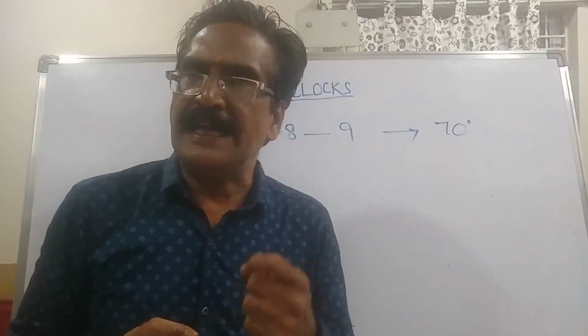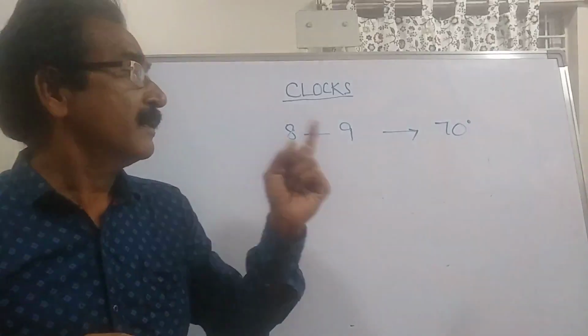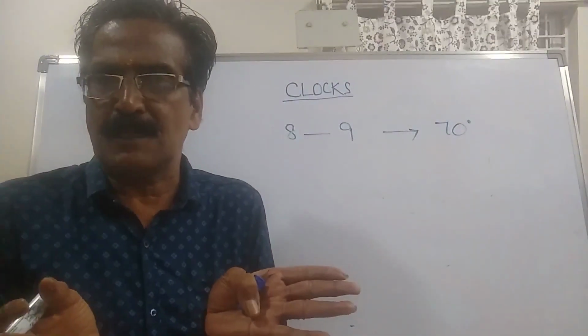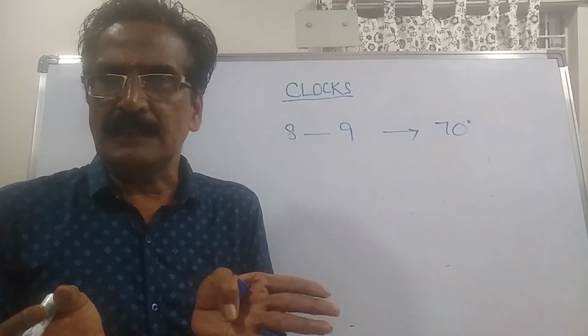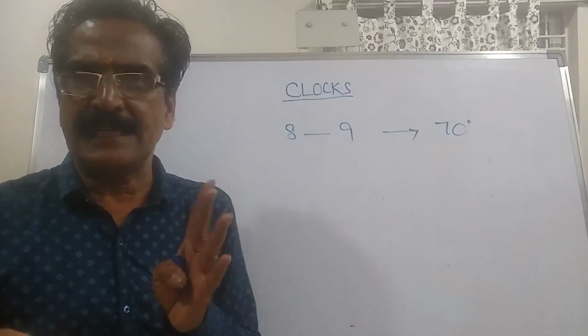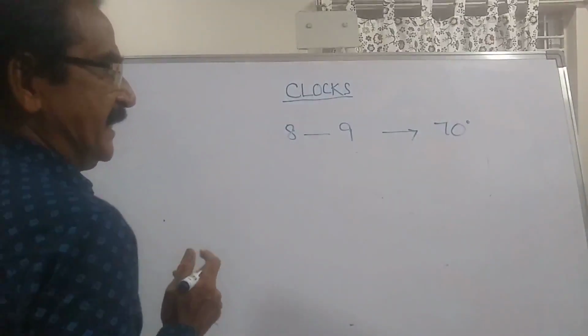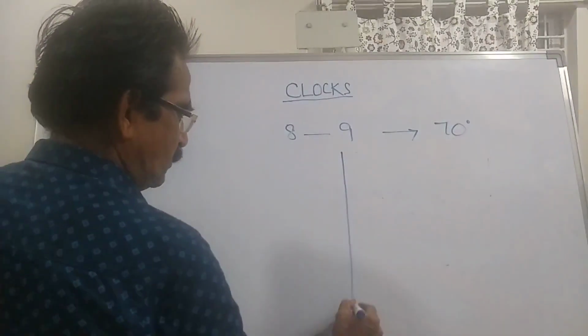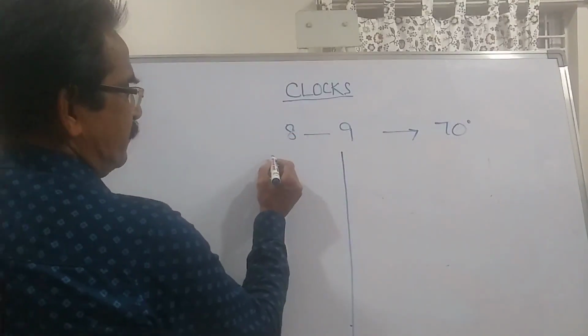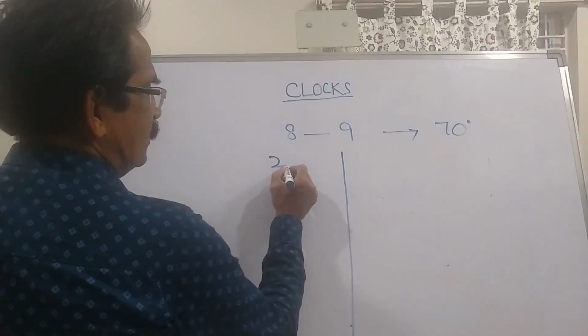The angle between the hands must be 70 degrees, and the time must be between 8 and 9. So same process we continue. At 8 o'clock, what is the angle? At 8:30 it is 240.